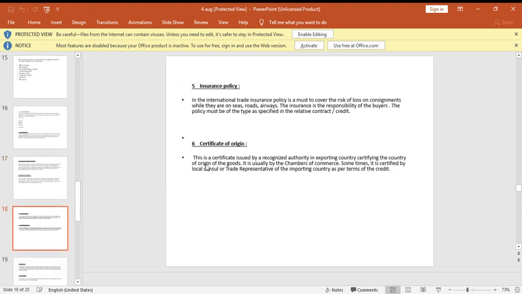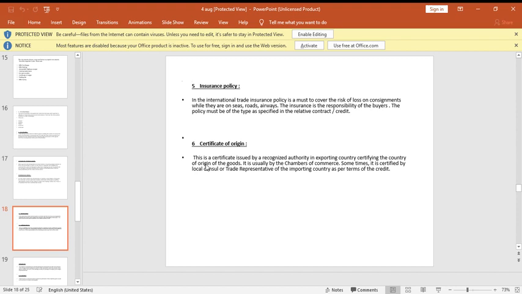Then insurance policy. In international trade, insurance policy is a must to cover the risk of loss on consignments while they are on seas, roads, or airways. So, what is insurance policy?